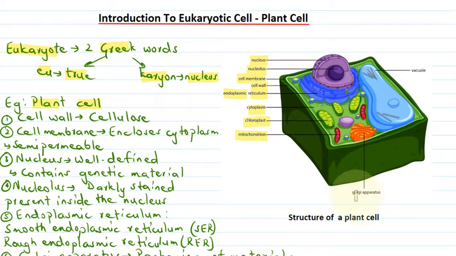Then there is Golgi apparatus. Golgi apparatus mainly helps in packaging of the materials. Then there are vacuoles. These vacuoles are large in case of plant cells, unlike in animals. These vacuoles contain several unwanted materials of the cell like sap, excretory products and other materials.